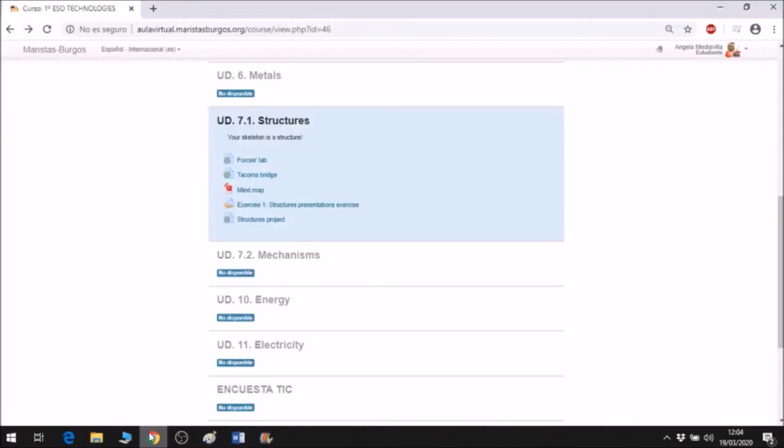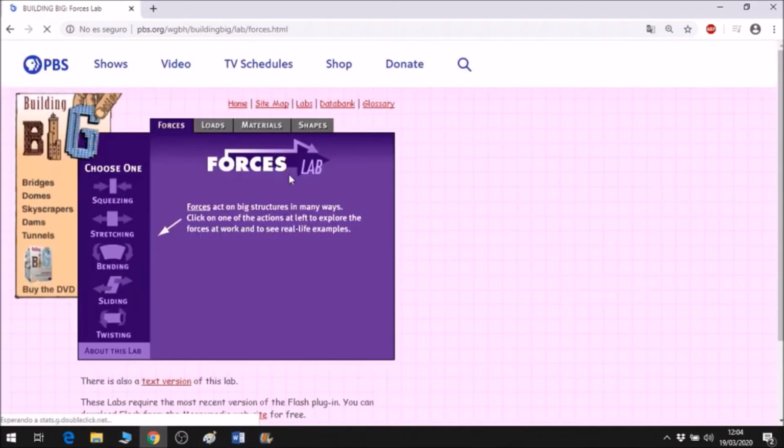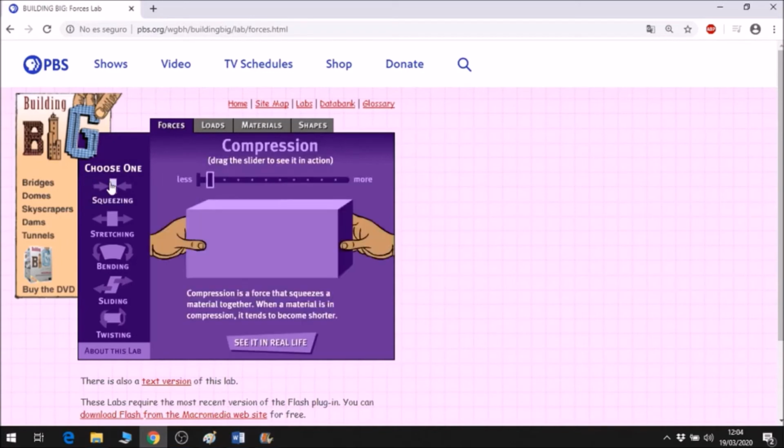To finish, I recommend you in the Aula Virtual in Unit 7.1 Structures to play with this activity that is called Forces Lab. And you have here different forces, and the first one is a compression stress.